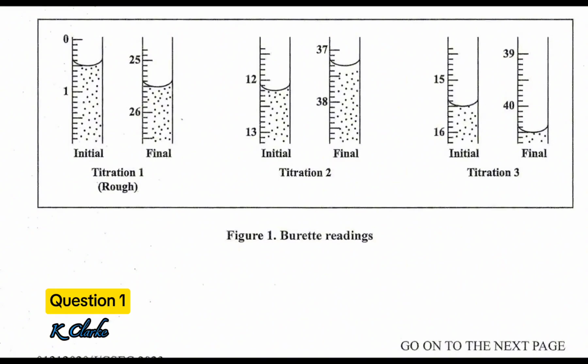Back to page 6. We will be measuring the volume for each burette reading. So this is 0. Each interval represents 0.1. So this would be 0.1, 0.2, 0.3, 0.4, 0.5. So this initial reading is 0.50 cm cube.